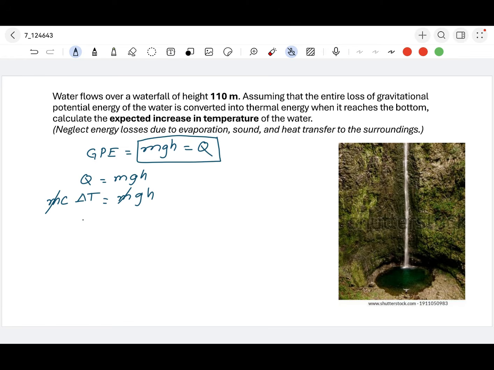To calculate delta T, the formula is gh over c. The g value we will take as 9.8, the height is given as 110 meters, the specific heat of water is 4186. So 9.8 times 110 over 4186. The answer is 0.2575 degrees Celsius.